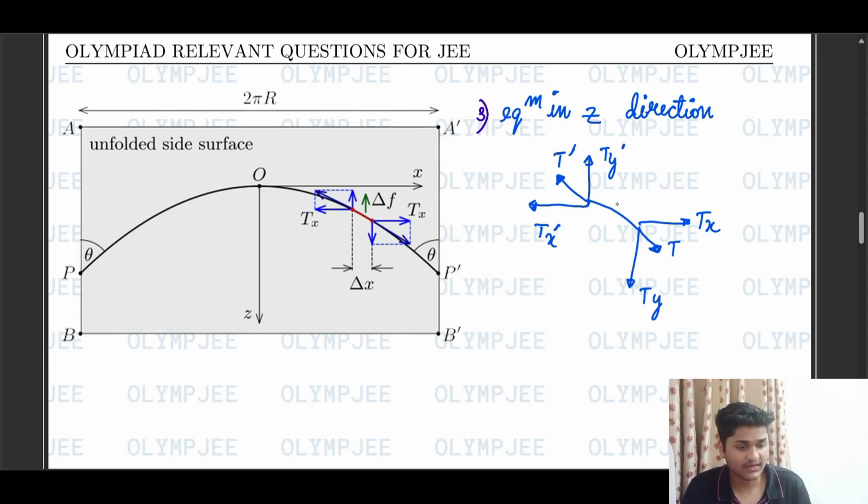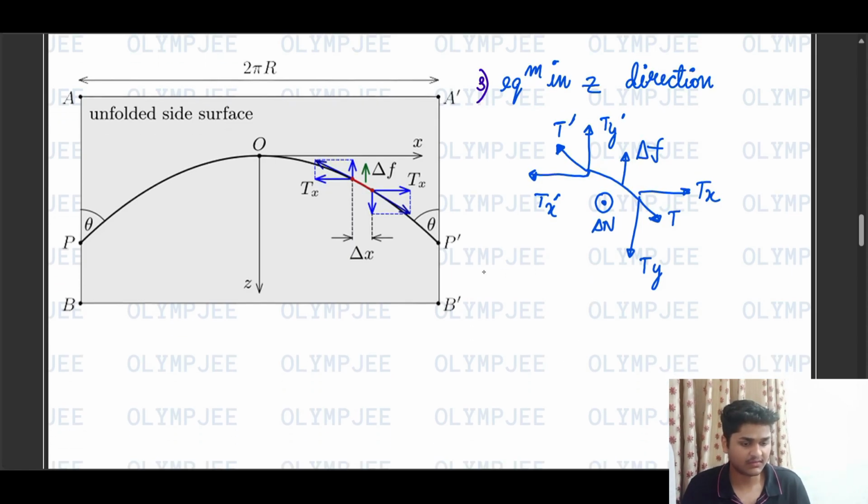So now in z direction there is one more force, delta f, and normal is acting perpendicular to this plane, so that is delta n. So in z direction, since this is the positive direction downward, Ty minus Ty dash minus delta f is equal to 0.